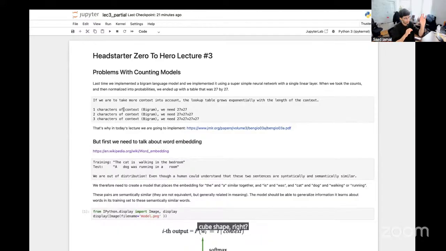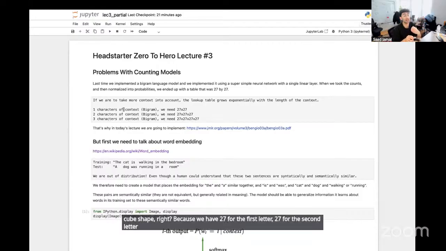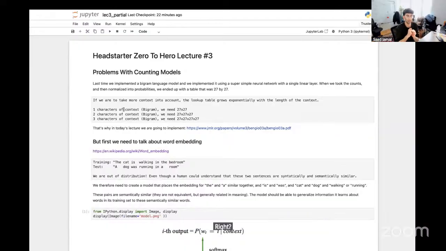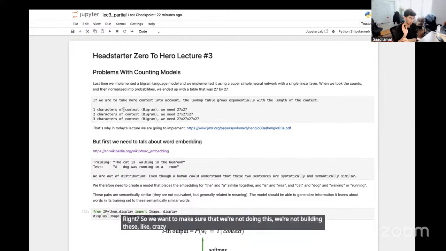Because we have 27 for the first letter, 27 for the second letter, and then finally another 27, that third dimension for the actual output token. And again, three characters is 27 to the four, four characters, 27 to the five. You can see this is going to really explode our memory, right? So we want to make sure that we're not doing this. We're not building these crazy giant count tables.